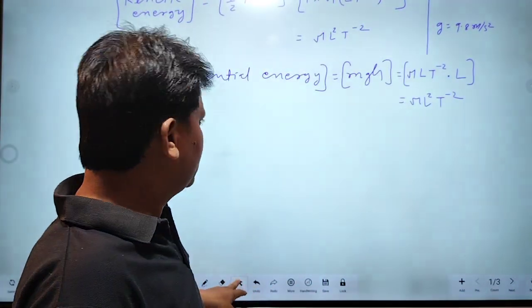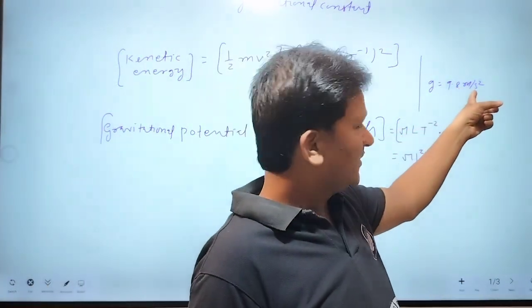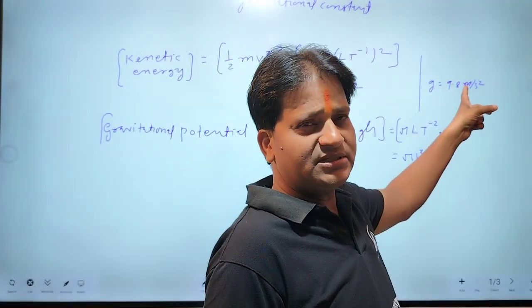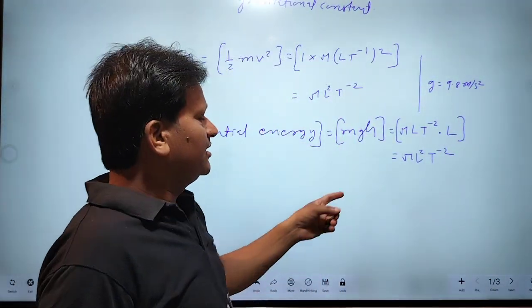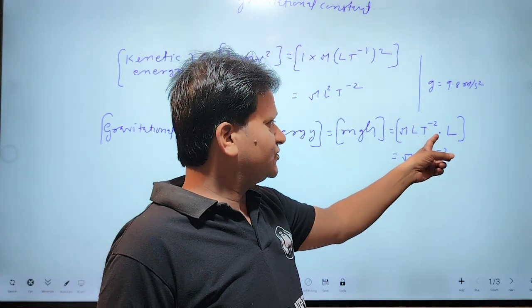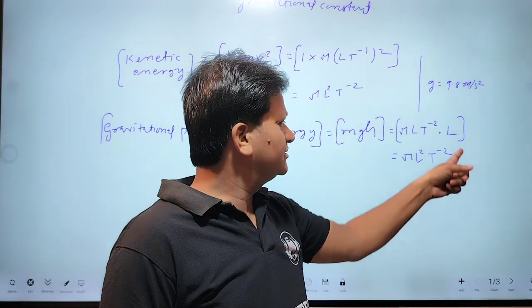mgh, m is mass, g is acceleration. Value of g is 9.8 meter per second square. Dimension of acceleration is LT minus 2, and h is height, just like length.